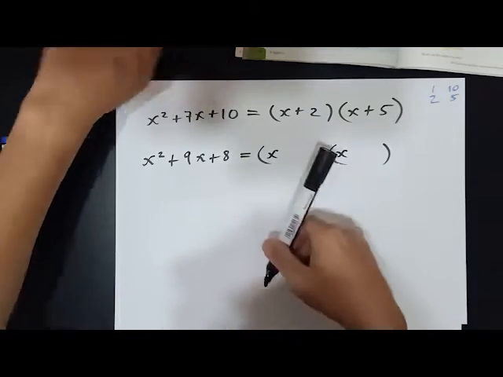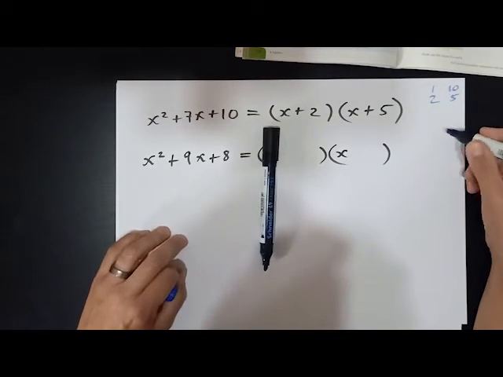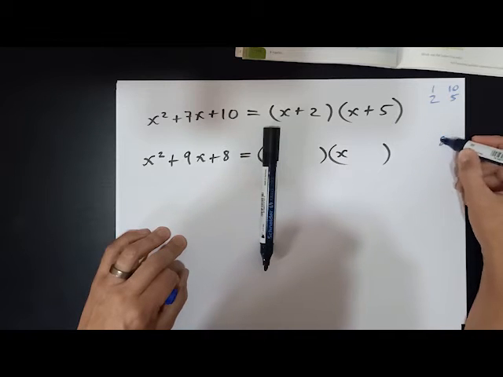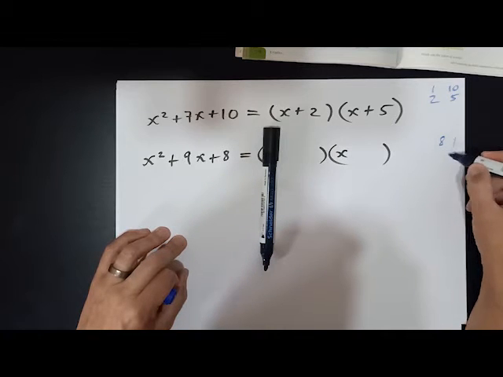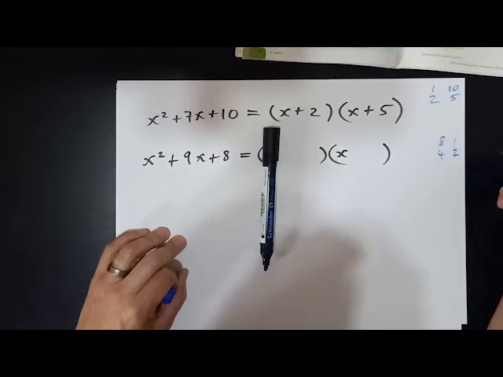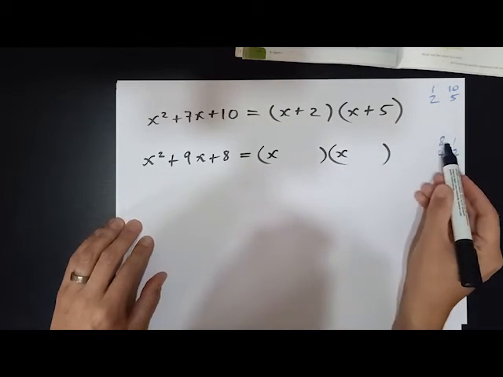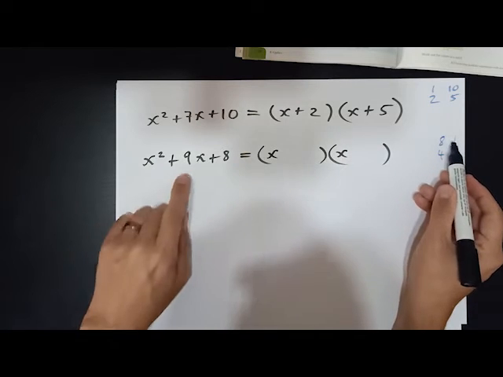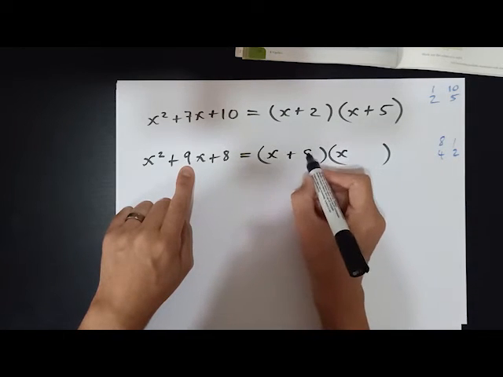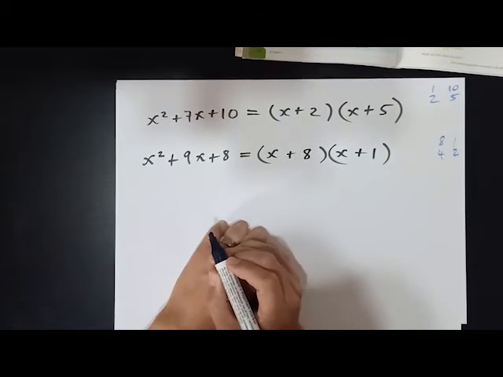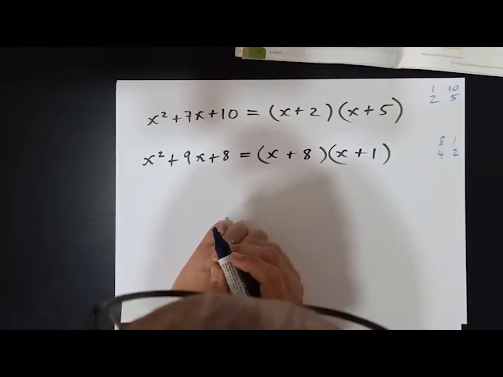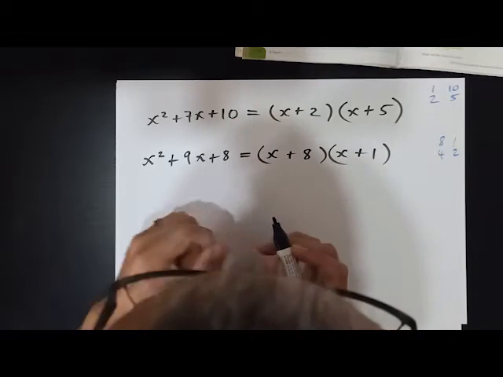If you need to, jot it down in the side of the book: 8 and 1, 4 and 2, do it in a logical way. I think 8 and 1 add up to 9, so it's going to be plus 8, plus 1. Easy peasy lemon squeezy.